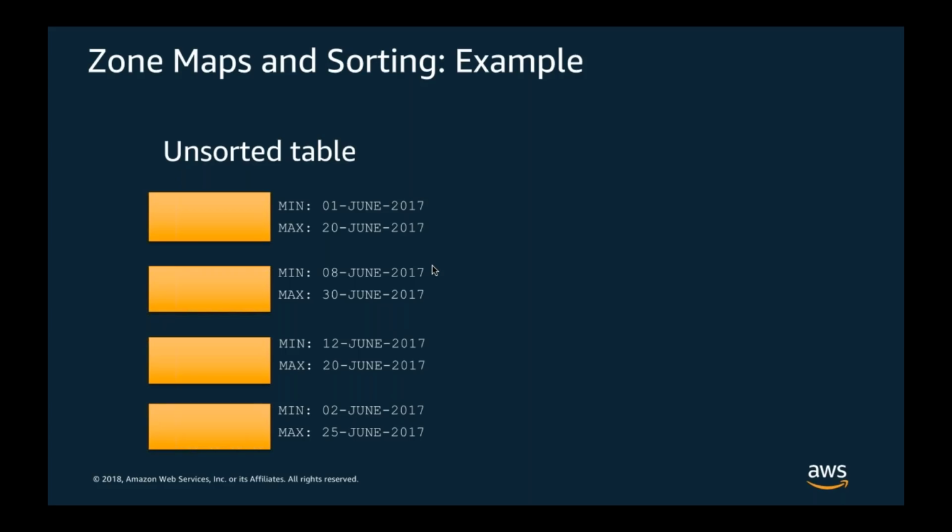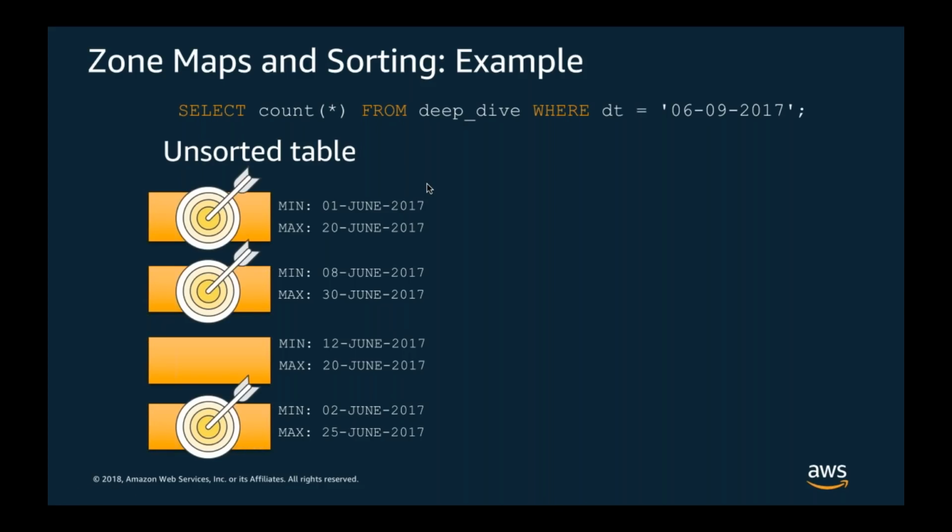So the first block says min is 1 and max is 20, right? Now let's say I fire a query where date is equal to, let's say, 6th. Now we may have to read all those 3 blocks because the first block has min and max as 1 and 20. The third block also has, and the fifth block also has, and so on.